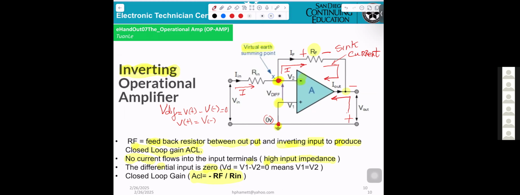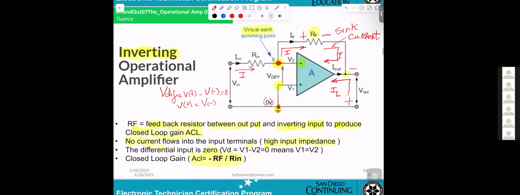So that's why IL, load current, this side will be I. Okay? So when you're looking into the amplifier, you recognize that it is an inverting amplifier and how the current is flowing. Okay?